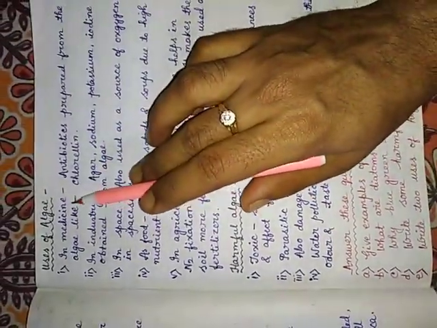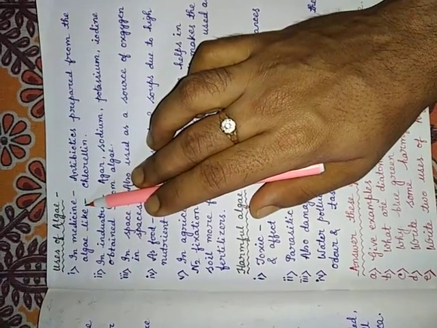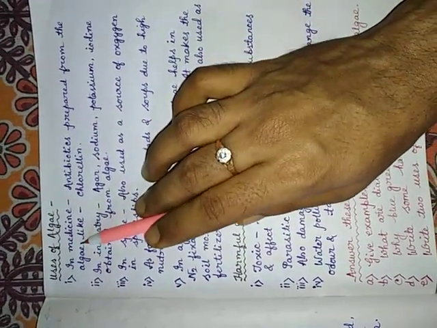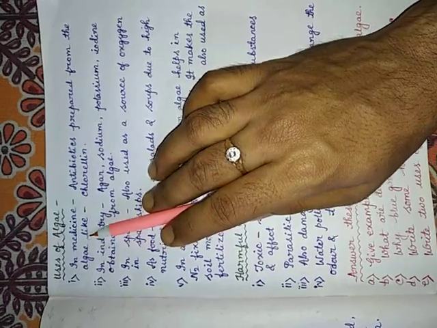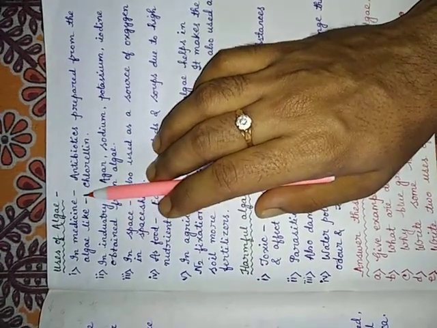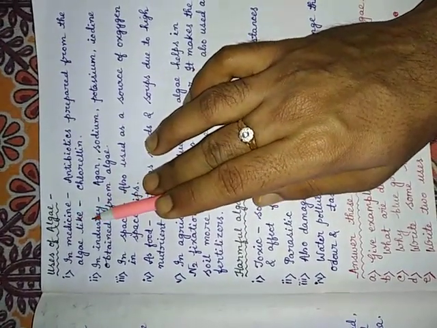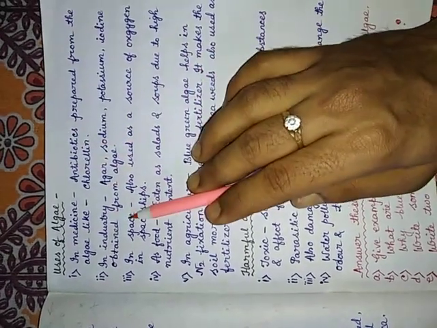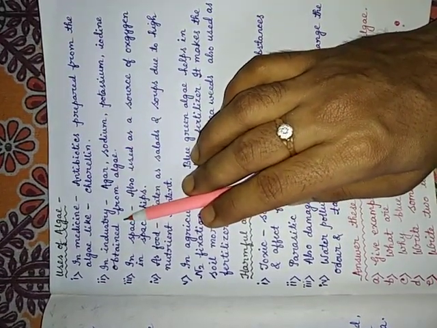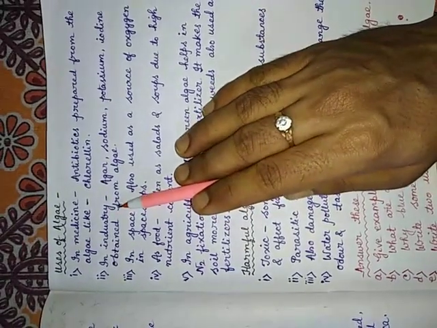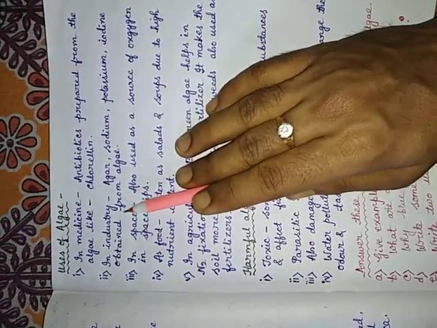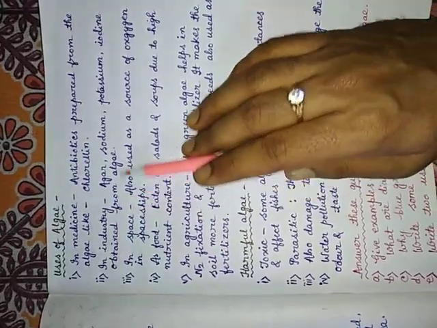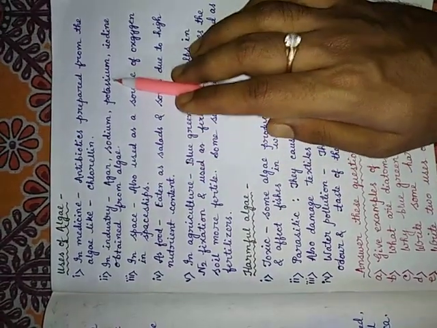Next, uses of algae. Algae are used for several purposes. Number one is medicine. Antibiotic medicines are prepared from algae. An example is also given here, chlorellin. Number two, in industry several kinds of chemicals are produced from algae, for example agar, sodium, potassium, iodine.